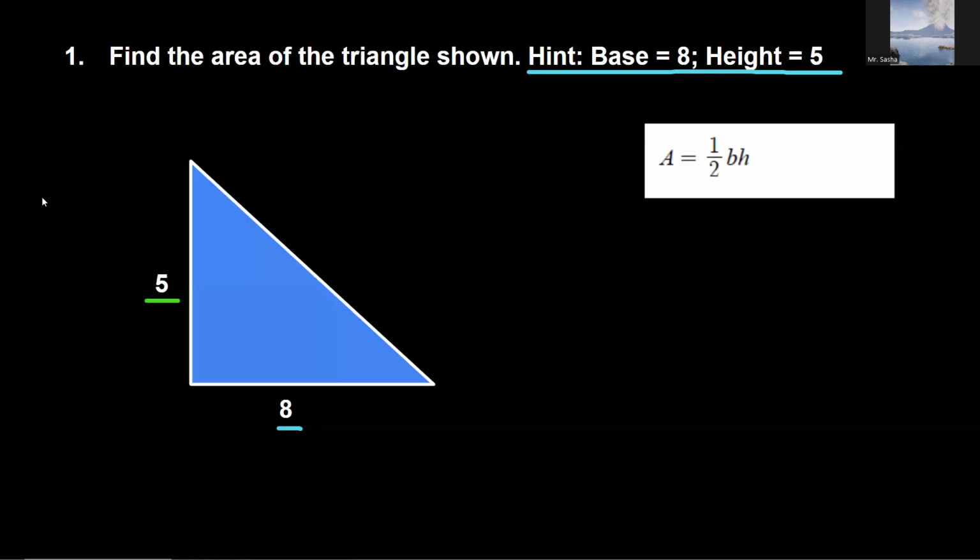Now that we have our information, let's start solving. Okay, so area is equal to 1/2 times the base times the height. Now let's substitute.